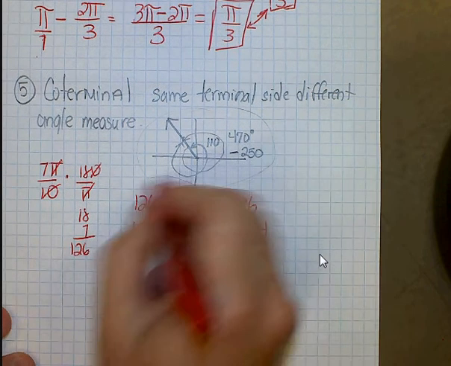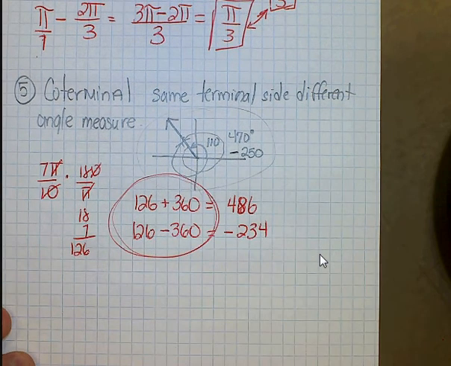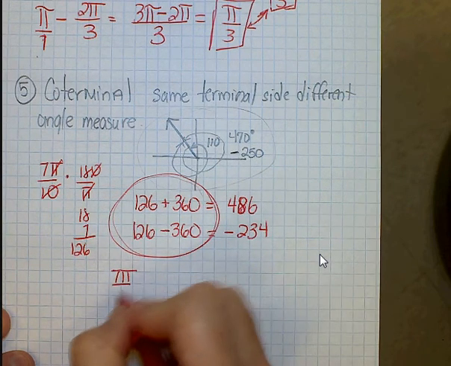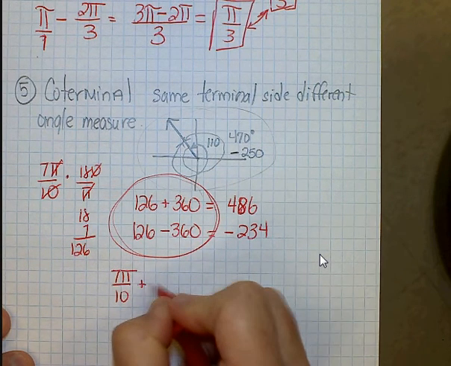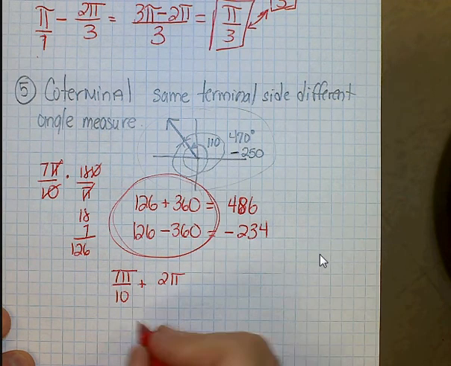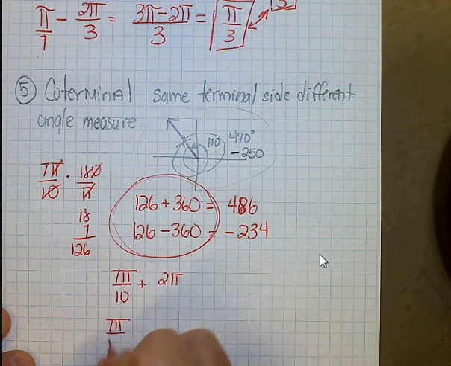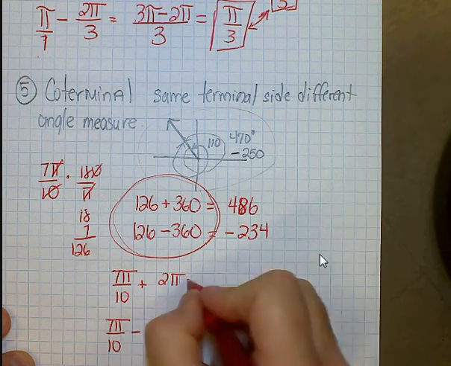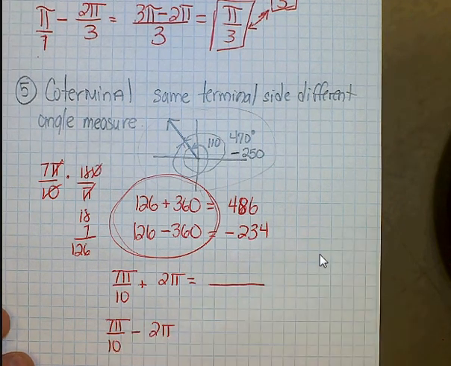So if you understand how to get coterminal angles, one positive, one negative, by adding 360, what's 360 in terms of radian measure? 2 pi. So I'm going to go back to 7 pi over 10, and I'm going to add 2 pi to it. And I'm going to go back to 7 pi over 10, and I want to subtract 2 pi from it. What's your common denominator?